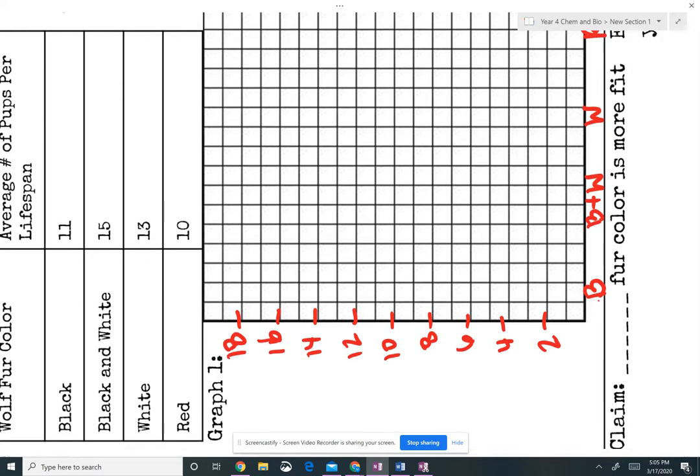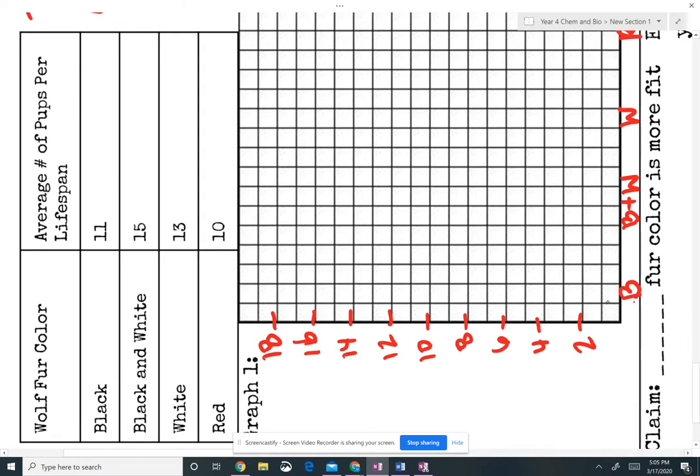So you're going to look at the black ones, and the black ones are at 11. So you're going to make a bar graph that looks something like this. So that would be your black ones. Your black and white ones are up to 15.